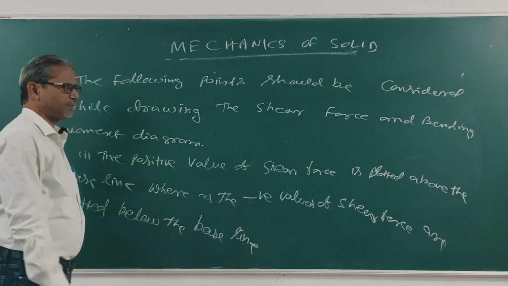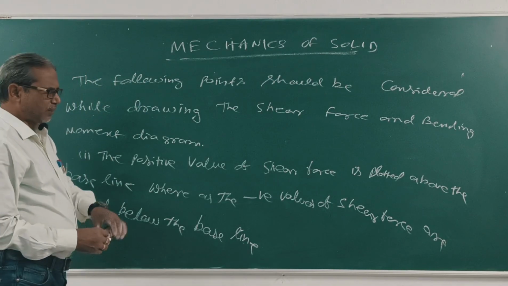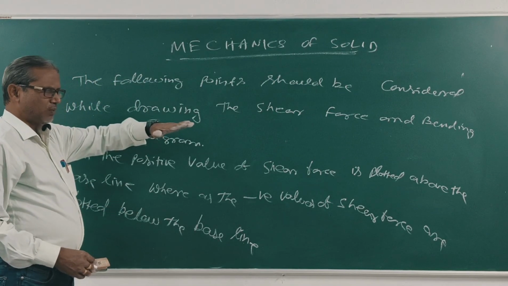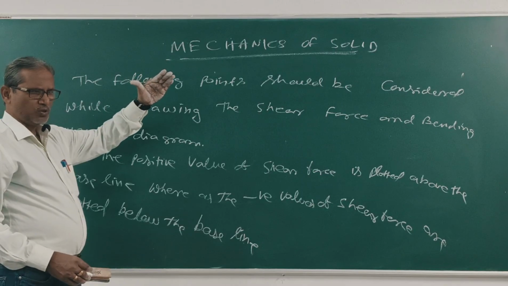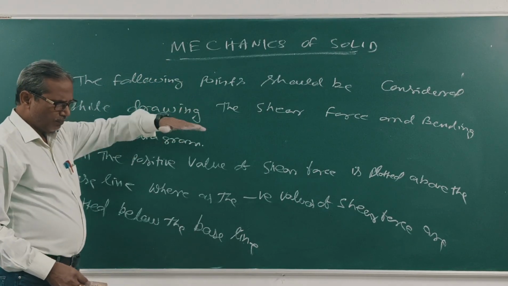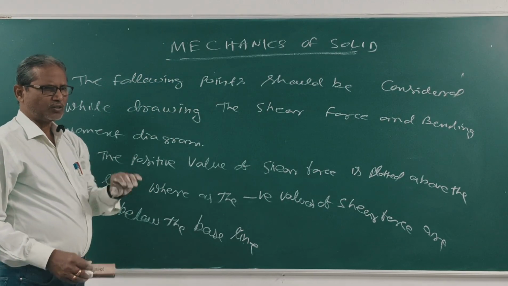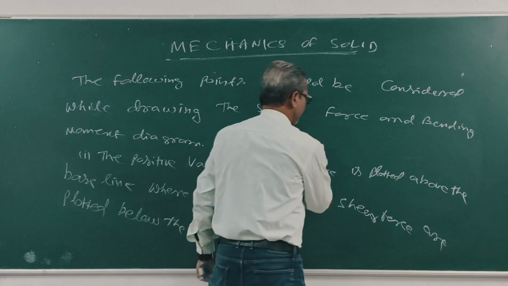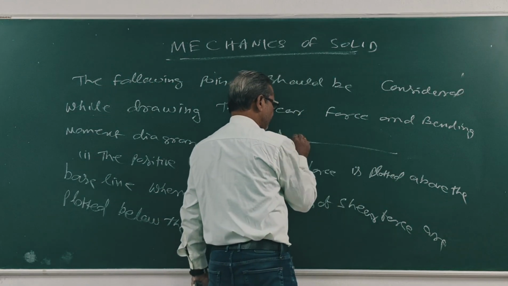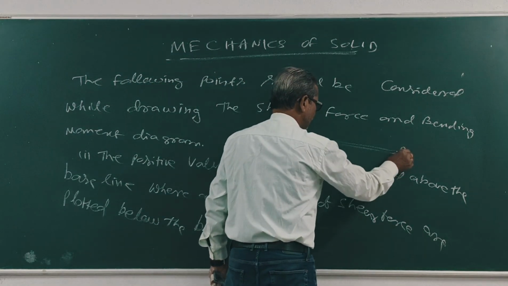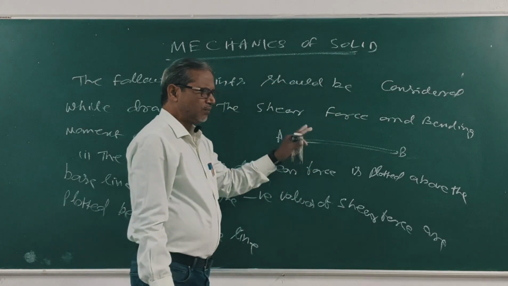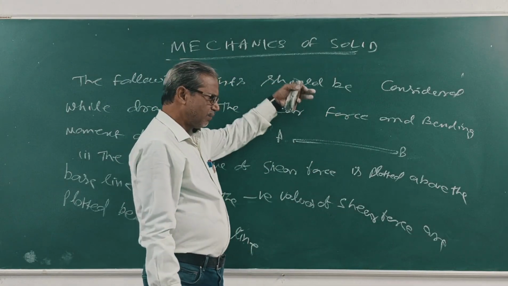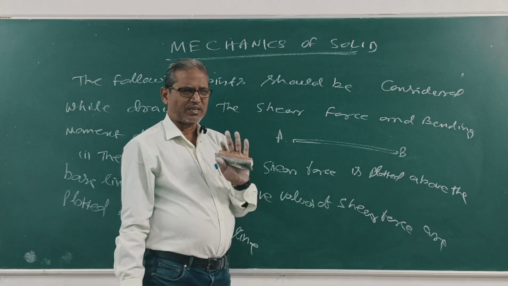Clear? Suppose this is the baseline. So above the baseline, the positive values are taken. Below the baseline, the negative values are taken. Suppose AB is the baseline. So above AB, plus signs are taken. Below AB, minus signs are taken.